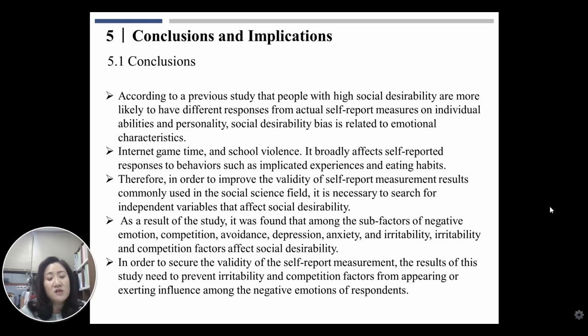As a result, it was found that among the subfactors of negative emotion, competition, avoidance, depression, anxiety, and irritability, the irritability and competition factors affect social desirability. In order to secure the validity of self-report measurement, the result of this study indicates a need to prevent irritability and competition factors from exerting influence among the negative emotions of respondents.